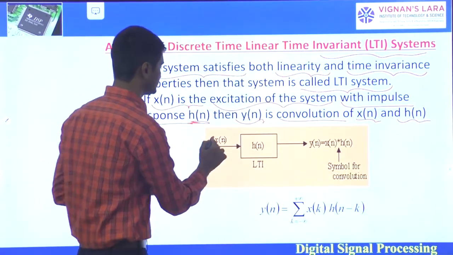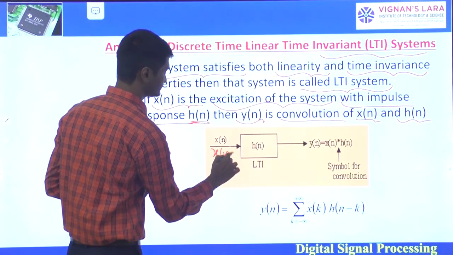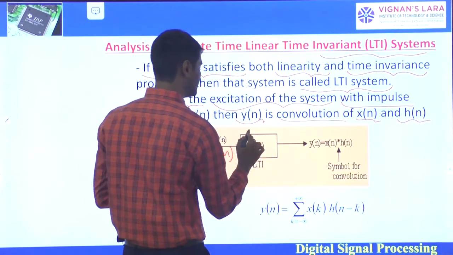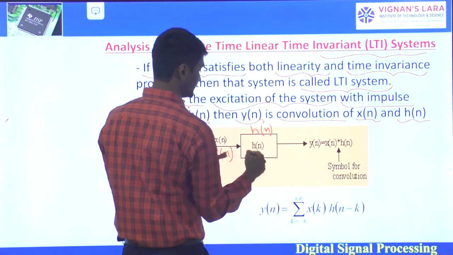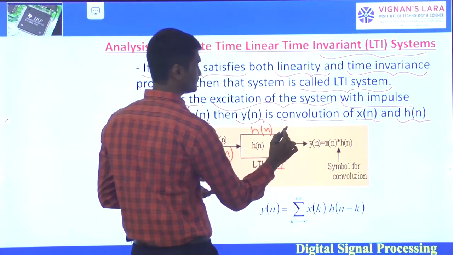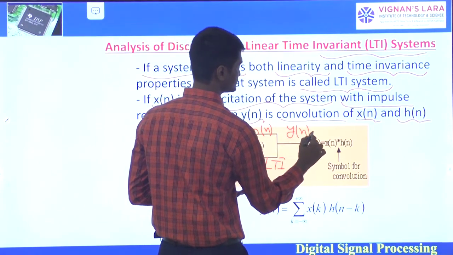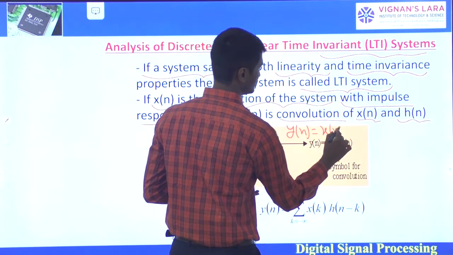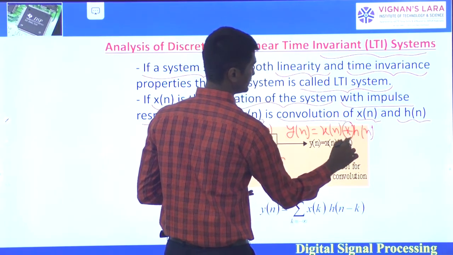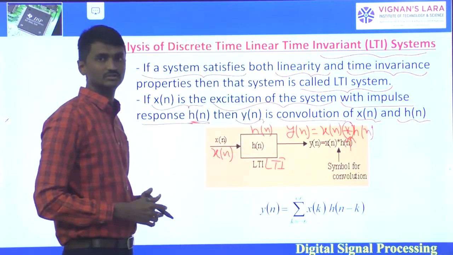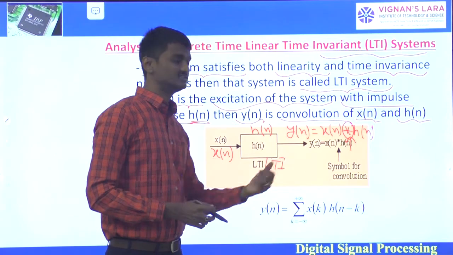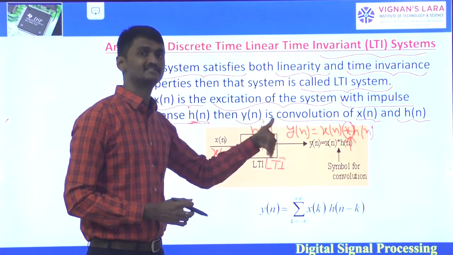Here the star indicates the symbol of convolution. So y of n is equal to x of n star h of n.